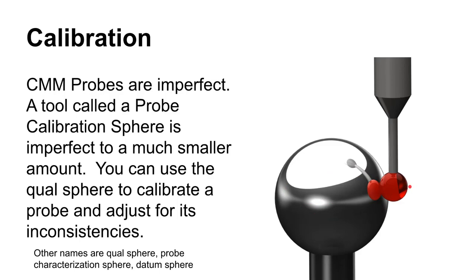So it will know that if it's probing on this side, to add 0.029 inches, or that is equivalent to that far off of the sphere center. And so it will adjust for that. So it characterizes this probe.